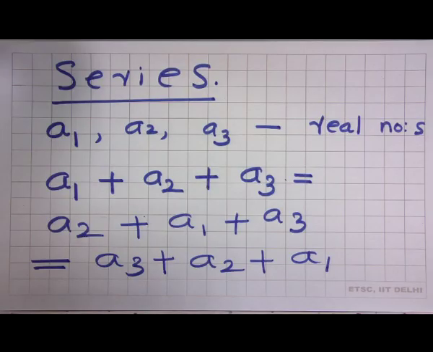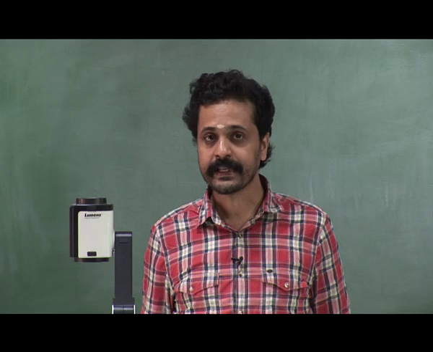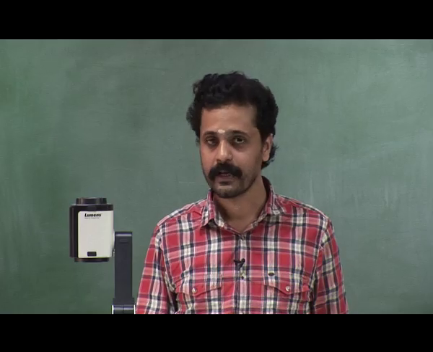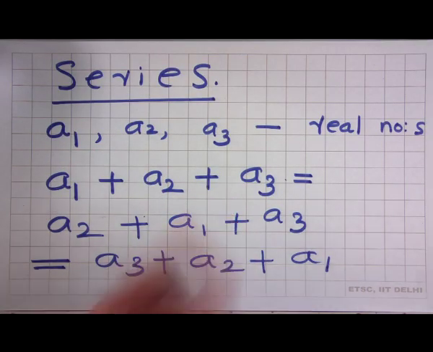However, all these orderings ultimately result in the same sum. To find the sum of a finite number of real numbers, we can first find the sum of 2 real numbers, and to this sum we can add a third real number, and see what comes out at the end.